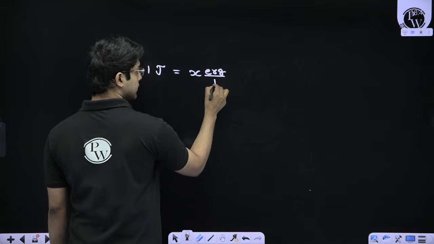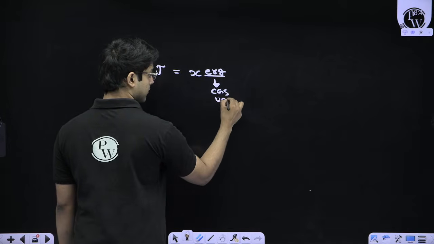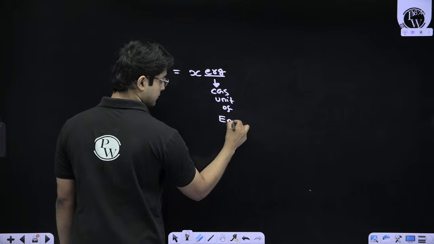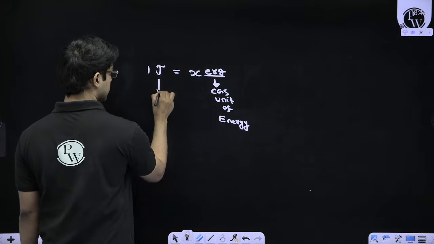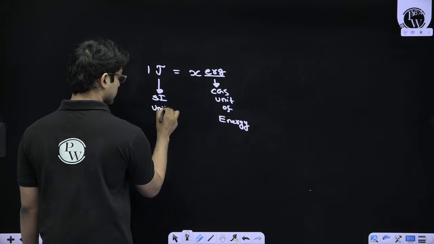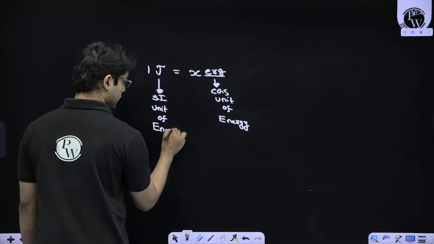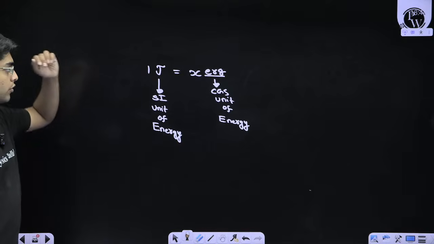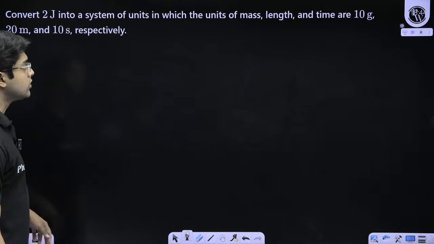So erg is the CGS unit of energy, and joule is the SI unit of energy. Just use the process we used to find the conversion for Newton and you will get the answer. So try this out as homework.